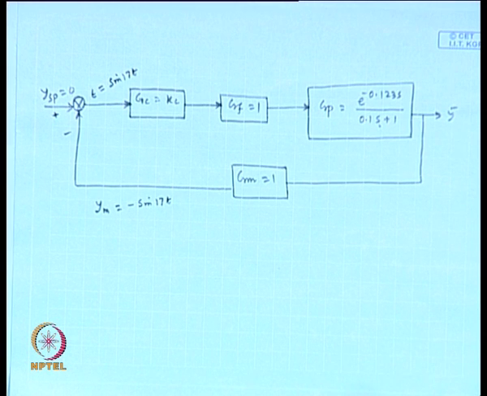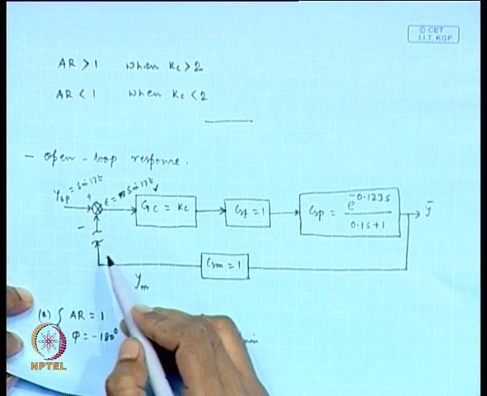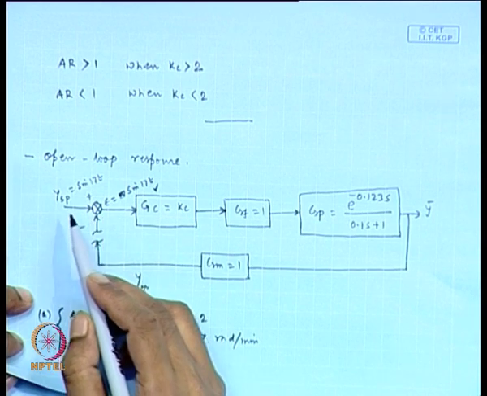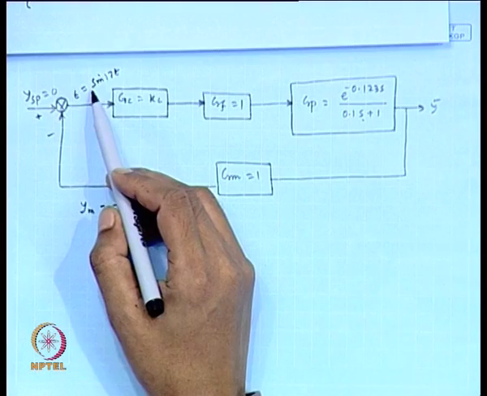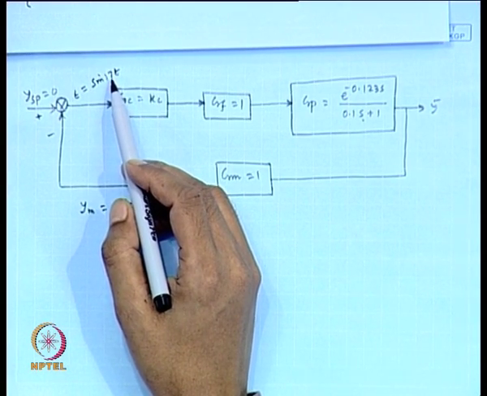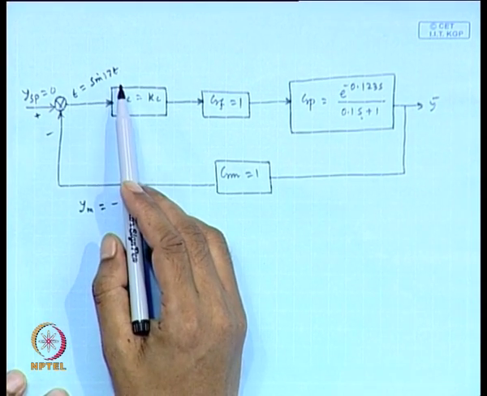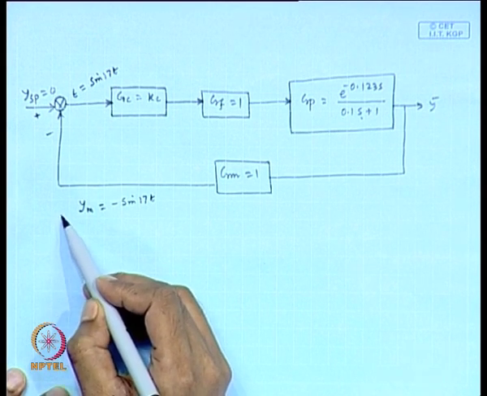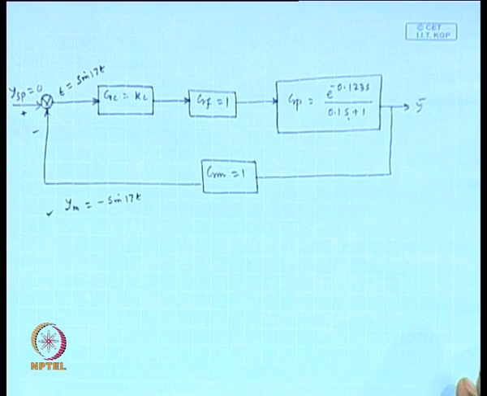So, you notice that the error remains the same. In the open loop system, error was sin 17t. When we close this loop and introduce no change in set point, we get the same error signal, that is sin 17t. Fine. So, error is sin 17t and we are getting output minus sin 17t. What does it indicate? Sustained oscillation.